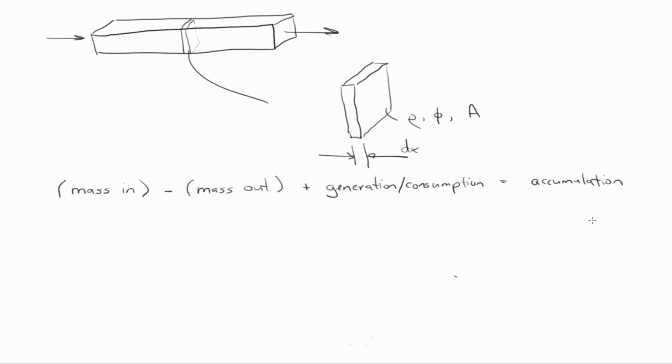And then accumulation we would get because the fluid and the rock is compressible, right? So that's where any accumulation would come from. So the thing that I'm going to do, just a tiny bit different than the notes, is divide both sides of this equation by some increment of time.